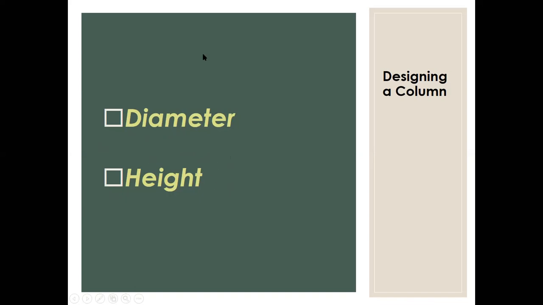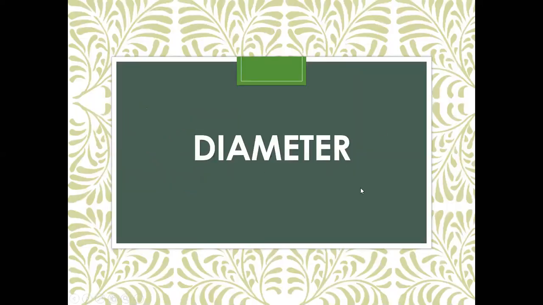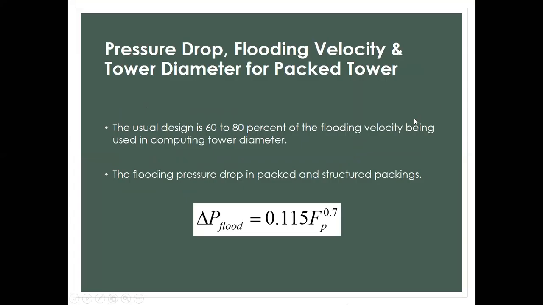The diameter, in determining the diameter, we are using empirical equations and graphs so we could determine the necessary size of our column. Now, the way we design the diameter of our column, I think you know this already. It's based upon the flooding velocity.